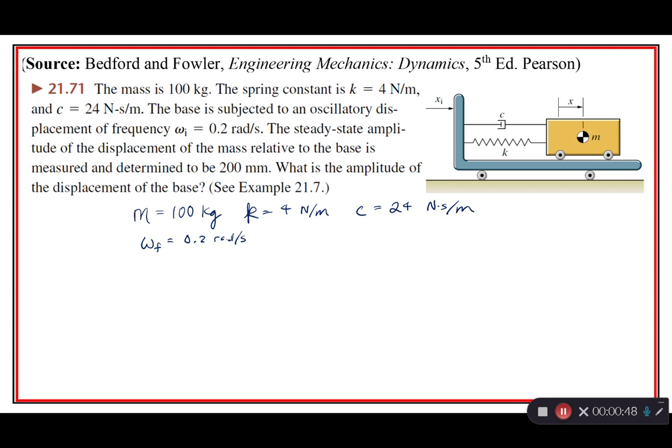The steady state amplitude of the mass relative to the base, so this is very much similar to a vibrometer, is measured and determined to be 200 millimeters, right? So in this case, Z is going to be 200 millimeters, because they're calling it X, but we have been using Z when it's the relative. What is the amplitude of displacement of the base, right? So they're basically asking for this right here. So we want to find Y.